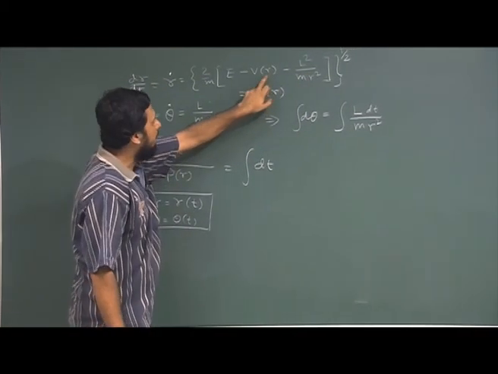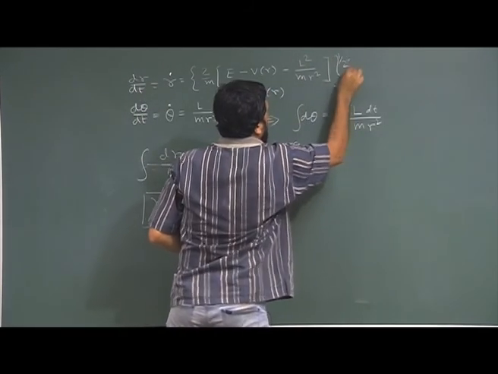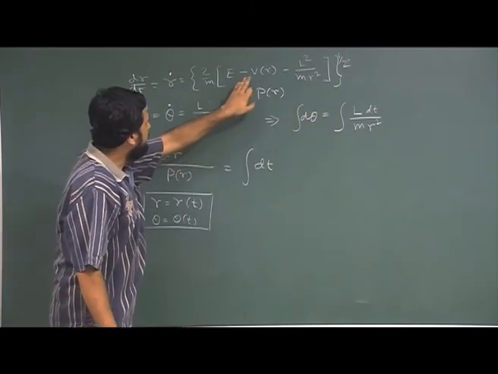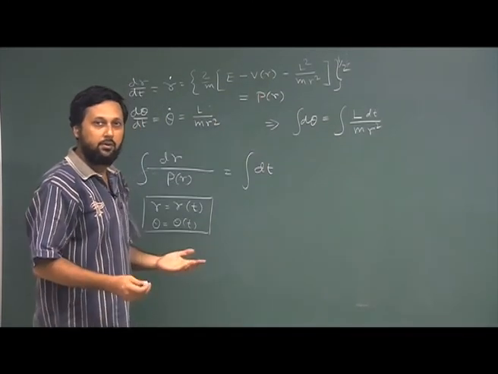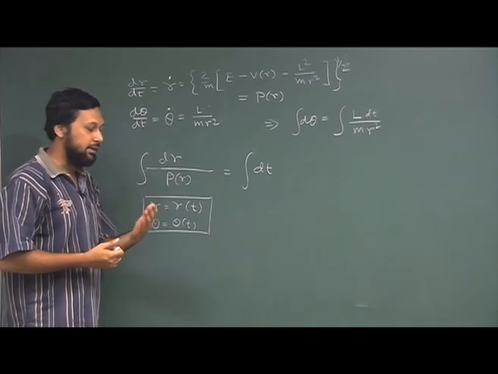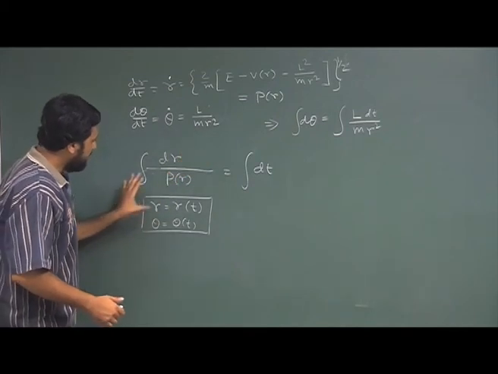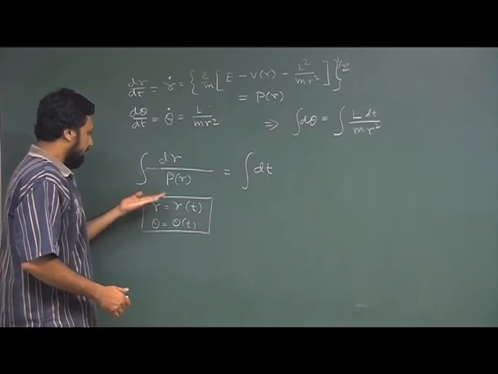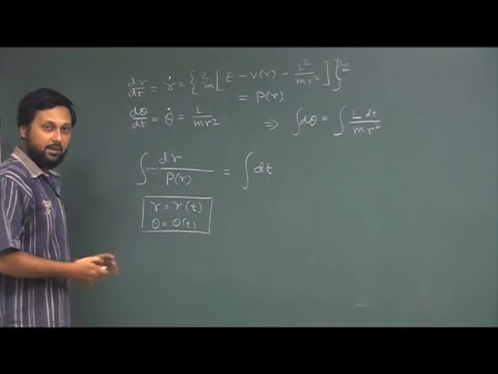Secondly, there is a power half here, and V of r is not a known function. It might have a singularity at some point, it could diverge at very low or very high values of r. So, it might not be an easy task to perform this integral, especially by hand.